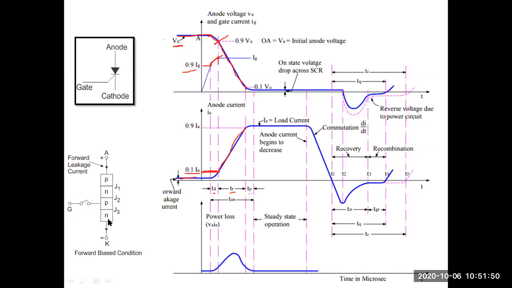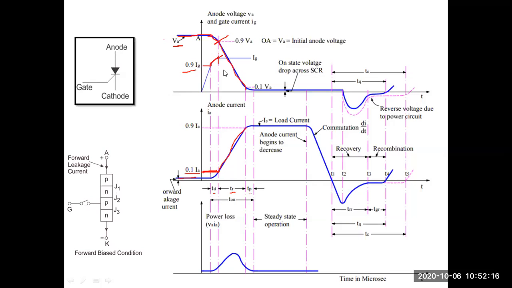When J2 is only partially forward biased, with only some amount of carriers, a small amount of current will be allowed. So that is how it is behaving. That is the control achieved with the help of the gate terminal.